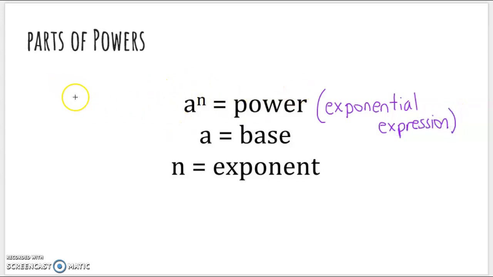If you want an example, there's tons of examples. You could do x squared, b to the 14th, or 3 cubed, right? Those would all be powers or exponential expressions because they have a base and they have an exponent, okay?